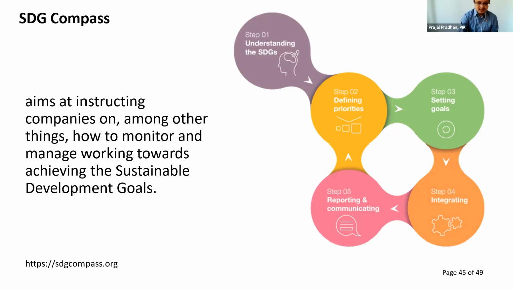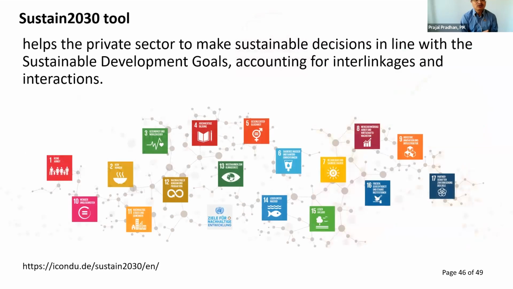There is also another tool called the Sustain 2030 tool, which also provides information on SDG interlinkages and interactions, and this sort of tool is guided towards private sector decision makers.